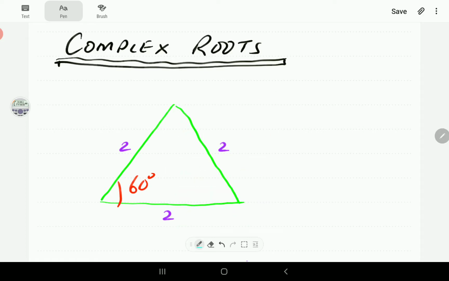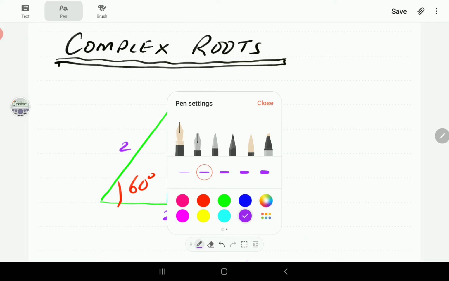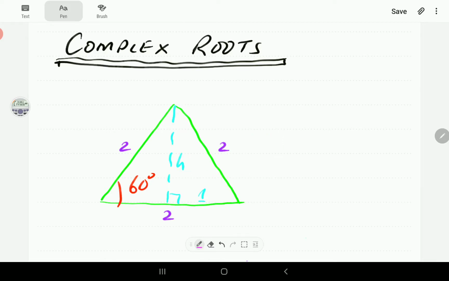If that is 60 degrees, if we split this in the middle, so that is going to be 90 degrees. That means this side is going to be 1. Then using Pythagoras, we can write that h squared plus 1 squared must be equal to 2 squared. So that means h squared is going to be 4 minus 1.